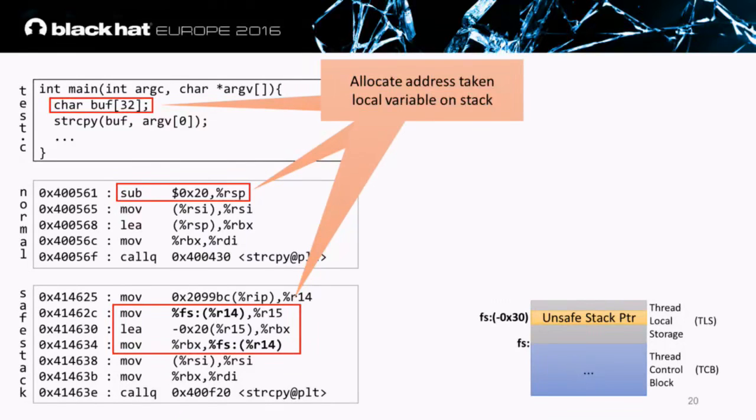The FS register is a special register that contains the base of the thread control block, so it takes an offset from this FS register, gets a pointer from the thread local storage, and then stores the buffer on this unsafe stack. So it doesn't use the RSP pointer, but it uses the FS register and takes an offset to get the unsafe stack pointer.